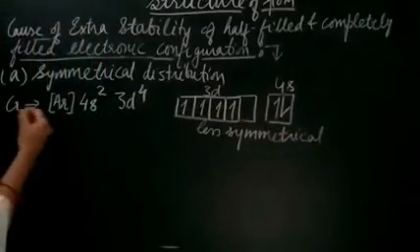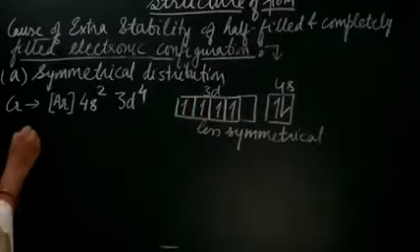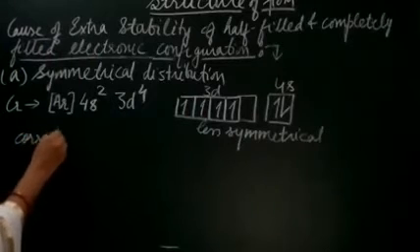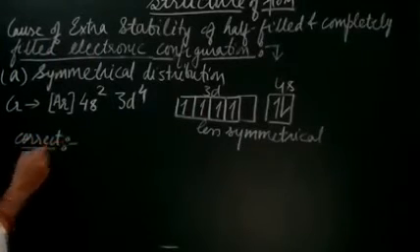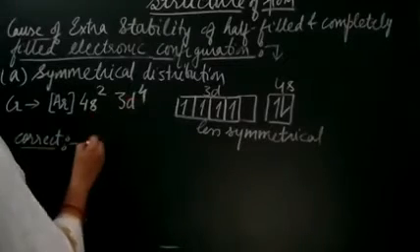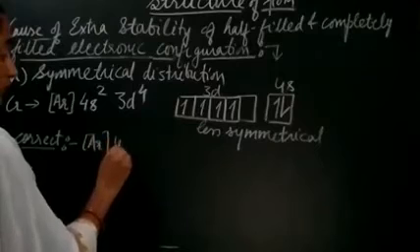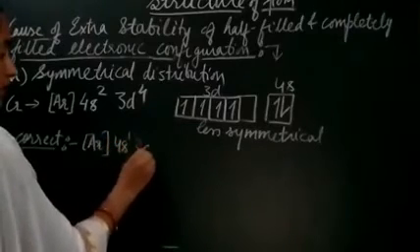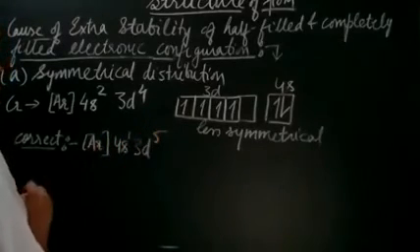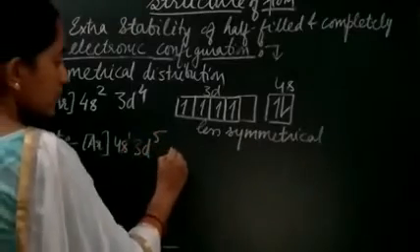And when we get the correct one, which is the accepted one, we write it as argon 4s1 3d5. So when we draw it, it will be this way.